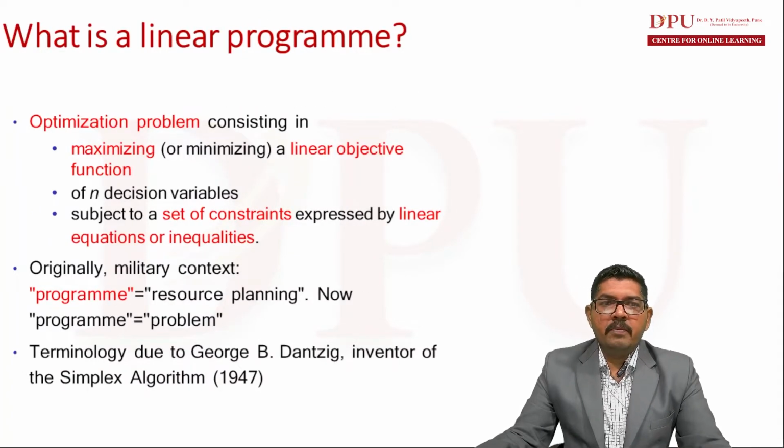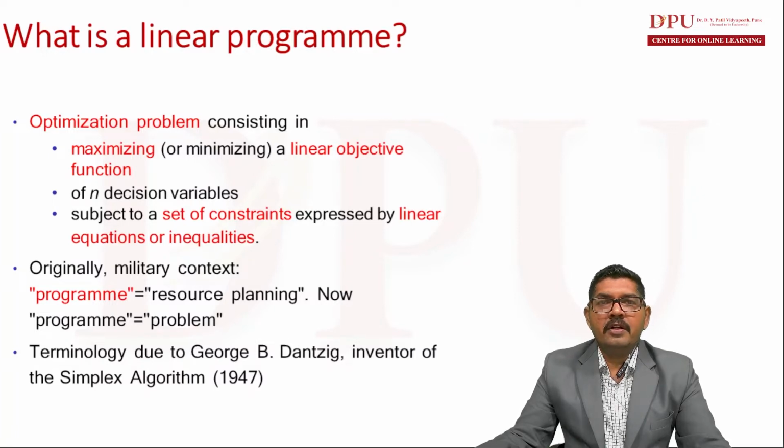What is a linear program? It is an optimization problem consisting in maximizing or minimizing a linear objective function. There can be different objectives of different organizations, such as maximizing the revenue, the market share, the output production, the profit.